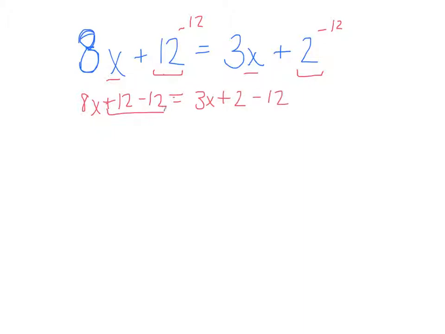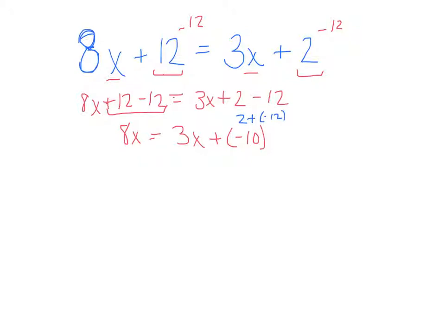So that is going to disappear. I have 8x equals 3x, 12, 2 subtract 12. Again, got to think about our integers, adding the opposite. So that's going to be, you can either write subtract 10 or it's plus negative 10.